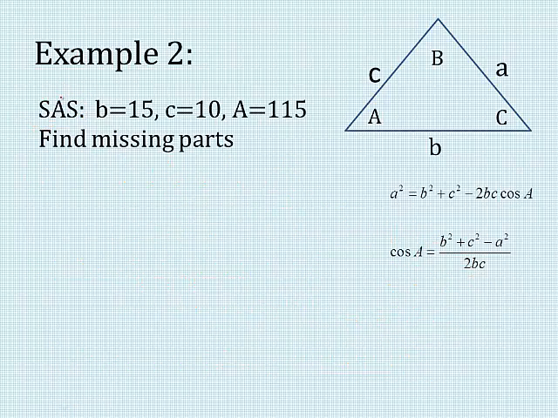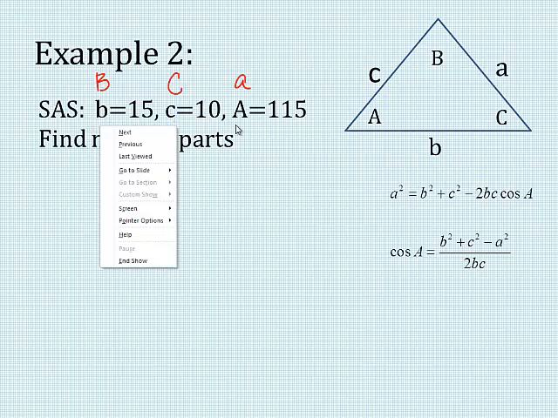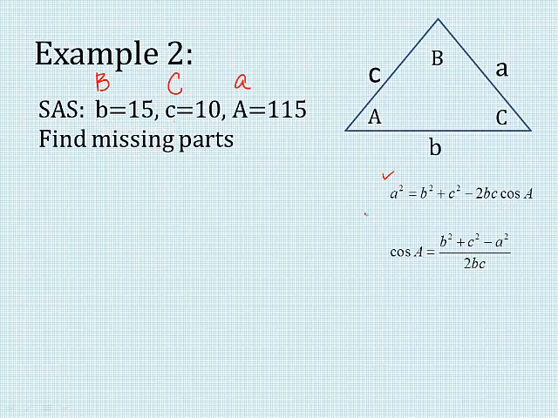Side, angle, side. So in this one, I need to find big B, big C, and little a. So where do you start? Well, what can you use? You have little c and little b and big A, so you could use this first one and solve for little a first. So I'm going to do a squared equals b squared plus c squared minus 2 times b times c times the cosine of A. You got to write these steps out.